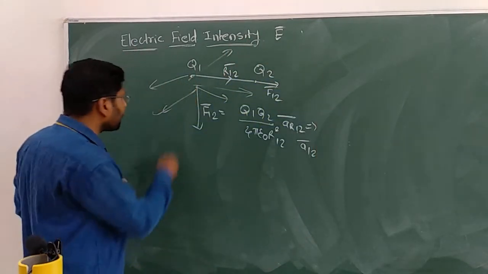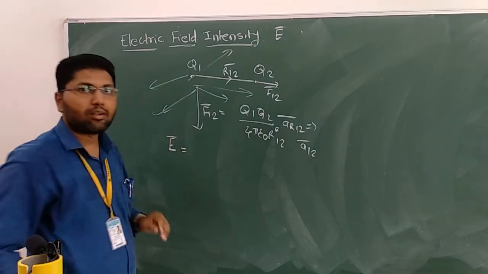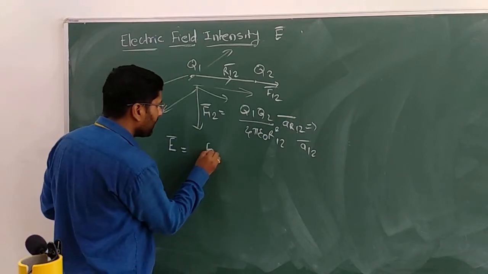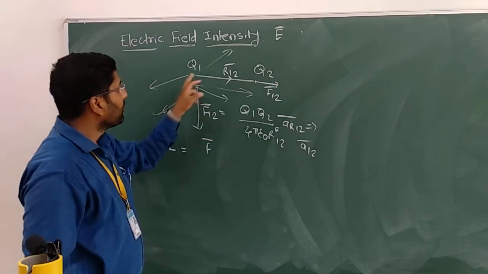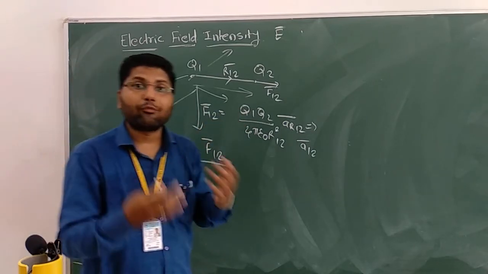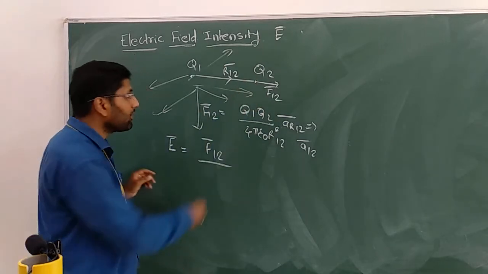Now how do we represent this electric field intensity? Electric field intensity is given by force per unit charge. Suppose this is the force F12 bar, per unit charge. On which charge? This Q2 charge.